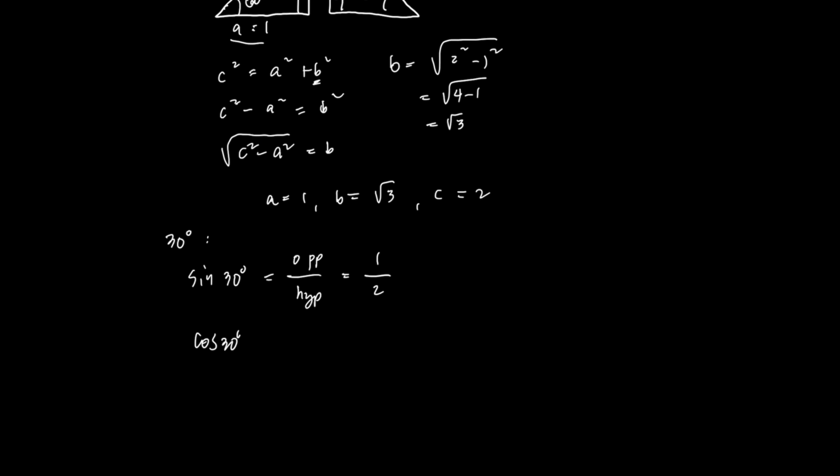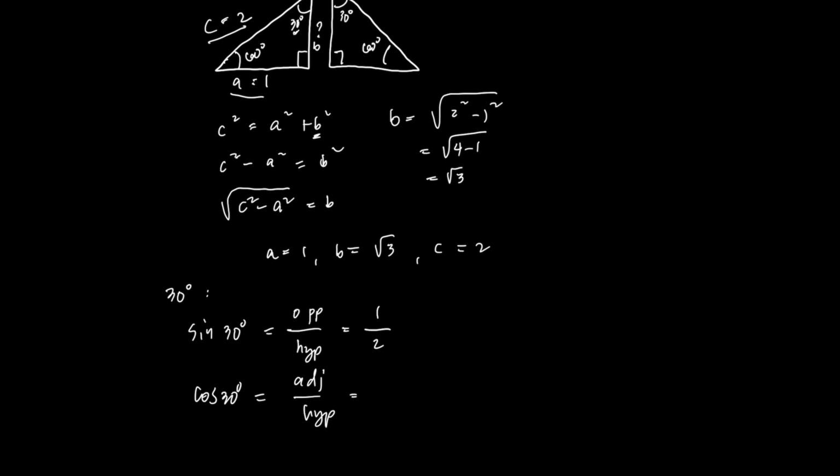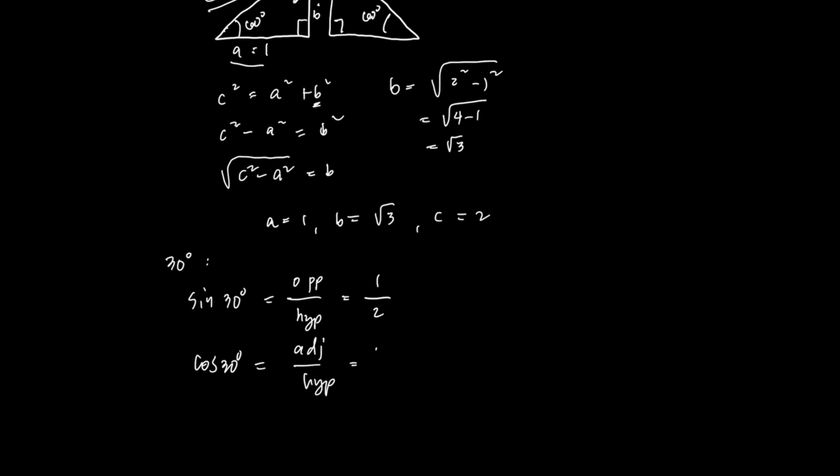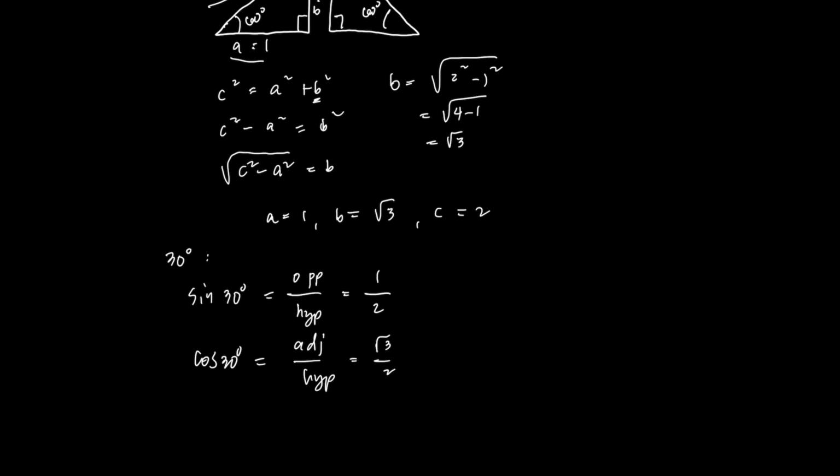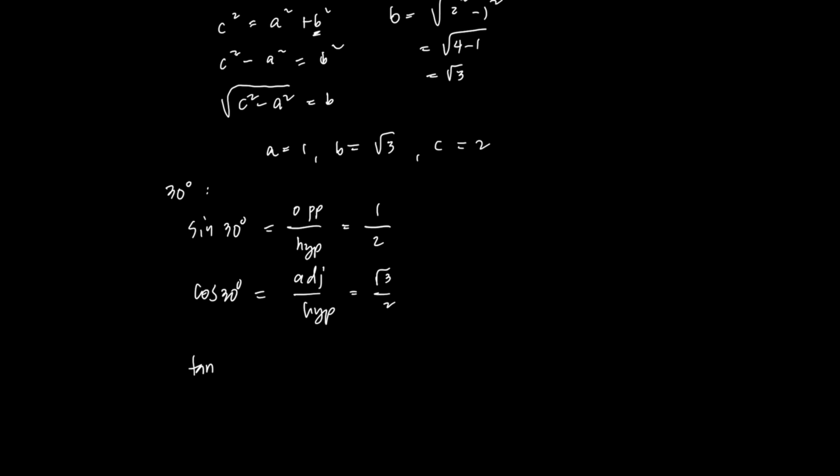Also, for the cosine 30 degrees, that's adjacent over hypotenuse, and the adjacent side is B, and that is square root of 3 over 2. For the tan 30 degrees is opposite over adjacent. So the opposite is 1 and the adjacent side is square root of 3. After rationalizing, that is square root of 3 over 3.